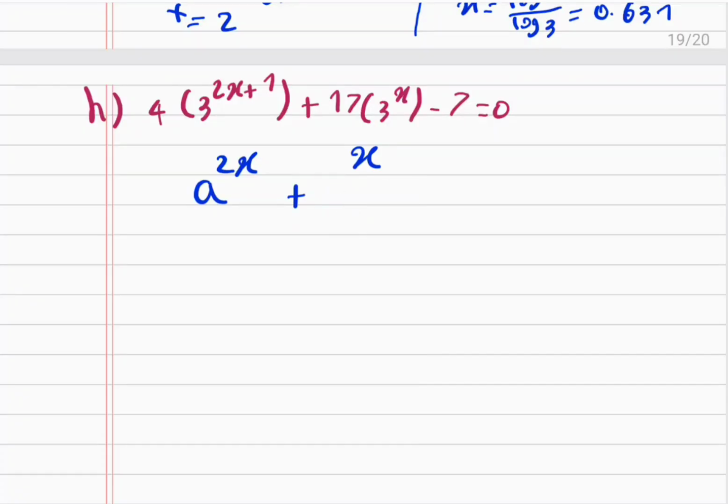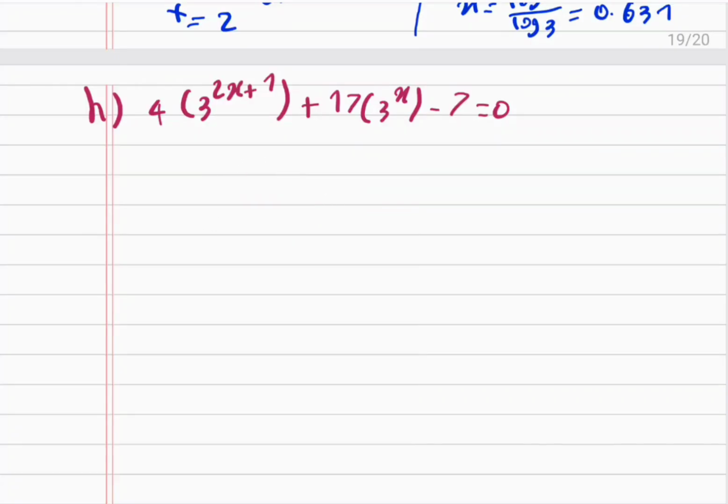So the base numbers are essentially the same, and the first power is of order 2. Sometimes you can have additional constants, and the second power is just of order 1, which is obviously a form of quadratic equation.